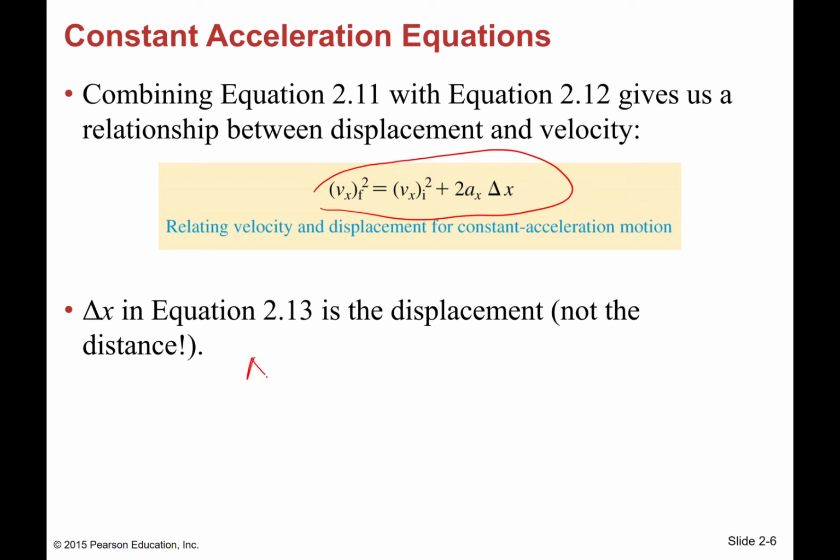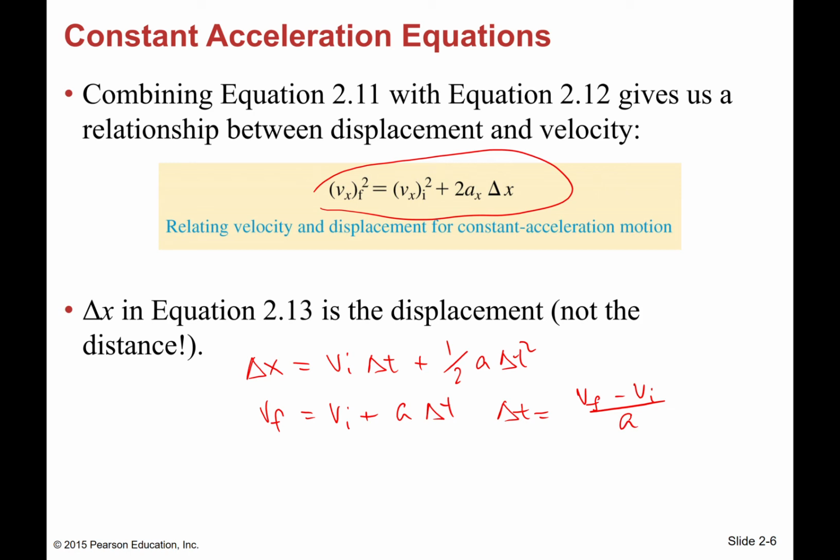For instance, we know that the displacement delta x is equal to Vi delta t plus 1/2 a delta t squared. But we also know that Vf is equal to Vi plus a delta t. So I'm going to get delta t from this equation and plug it in here. So delta t is equal to Vf minus Vi divided by a.